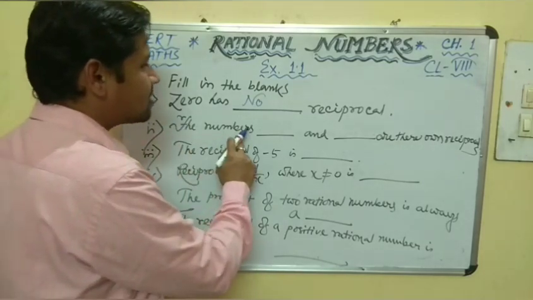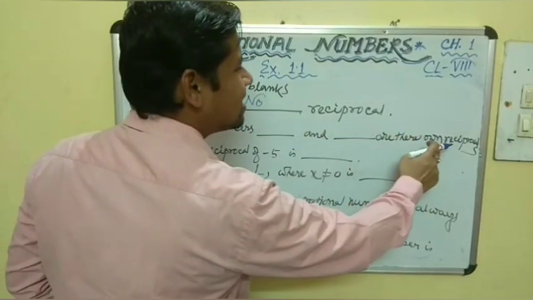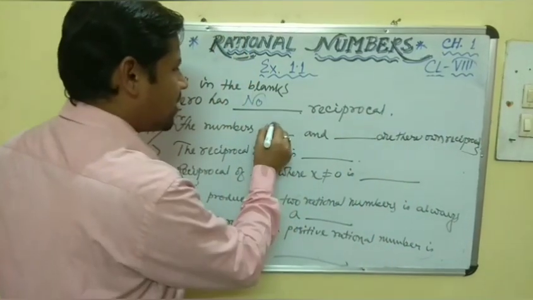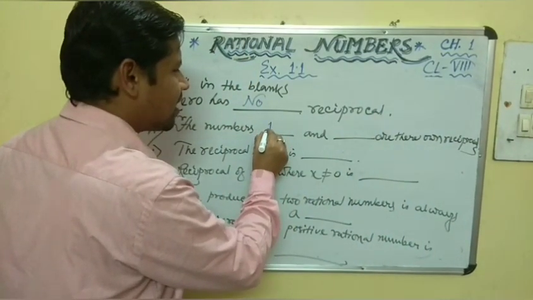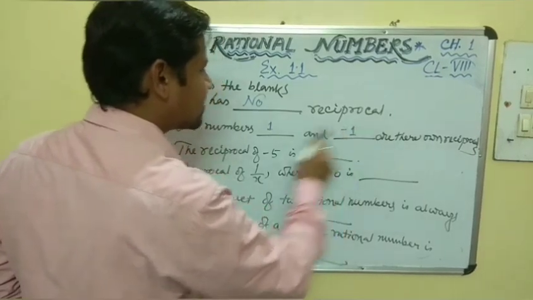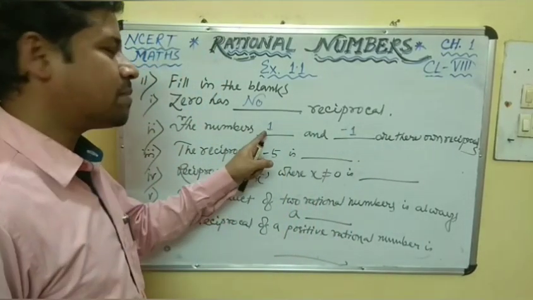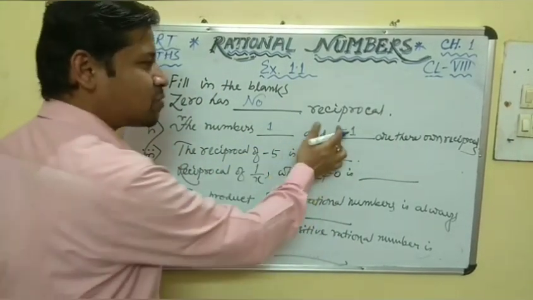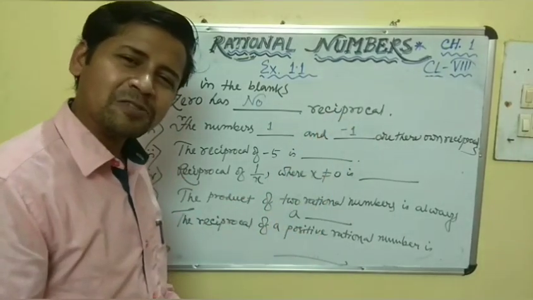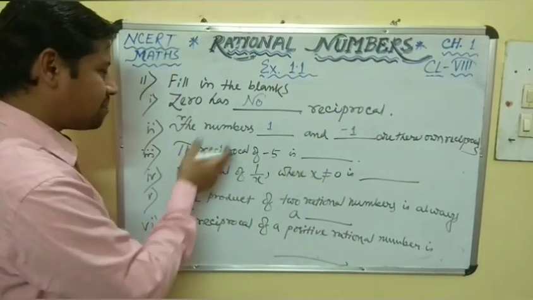The numbers dash and dash are their own reciprocal. We have already discussed in the previous question: 1 and -1. The reciprocal of 1 is 1, and the reciprocal of -1 is also -1.